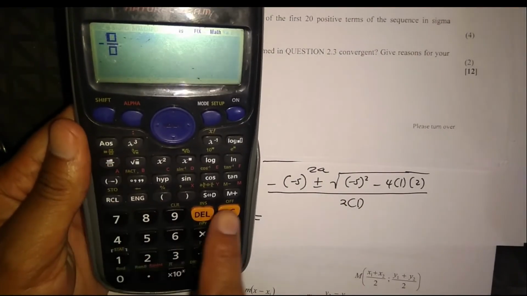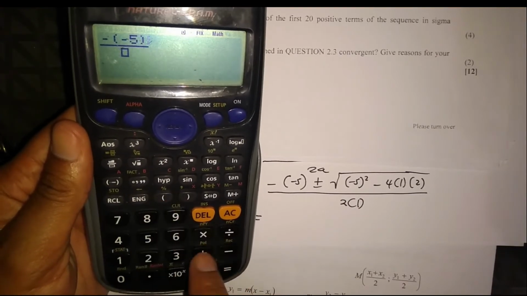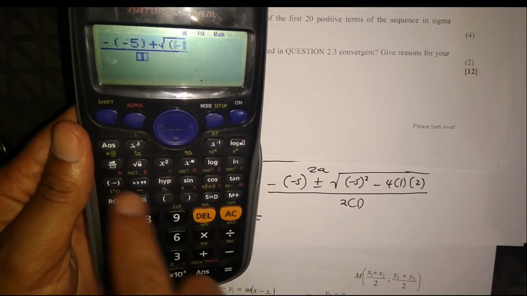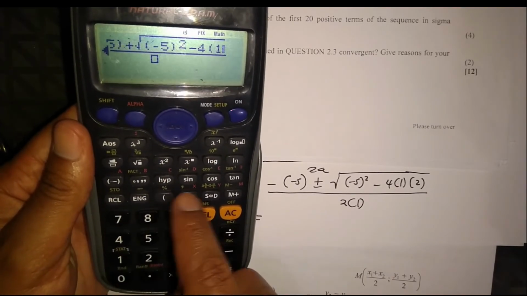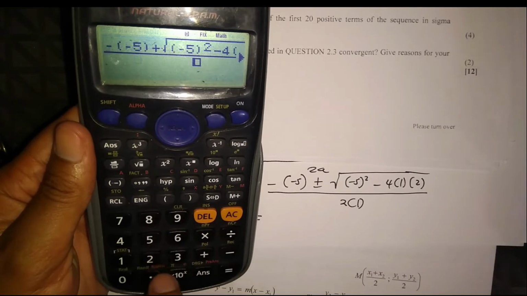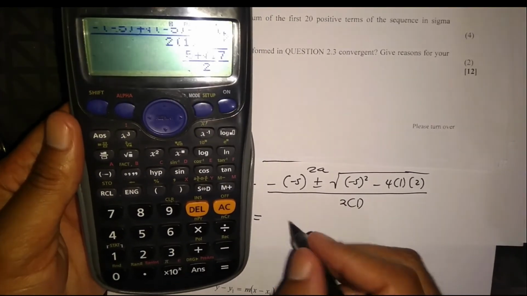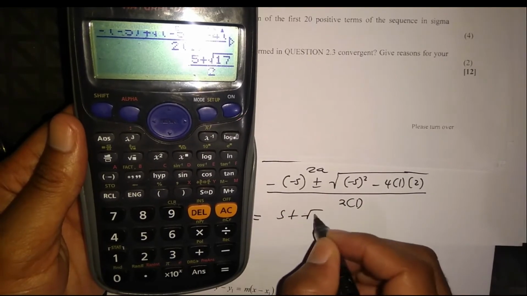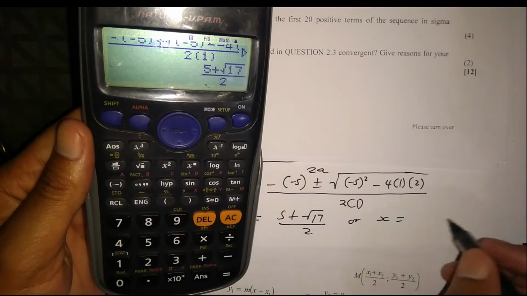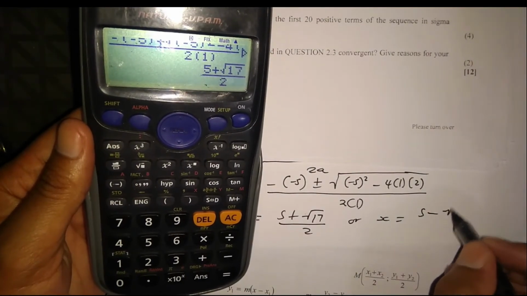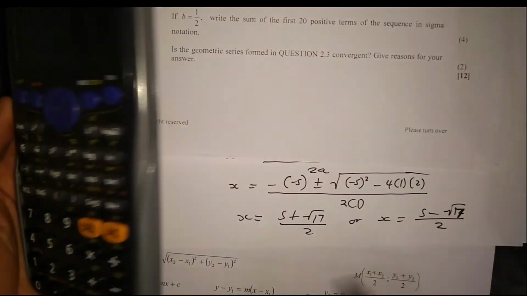Now minus negative 5, plus the square root of negative 5 squared minus 4 times 1 times 2, over 2 times 1. The answer is 5 plus root 17 divided by 2, or x equal to 5 minus root 17 over 2.